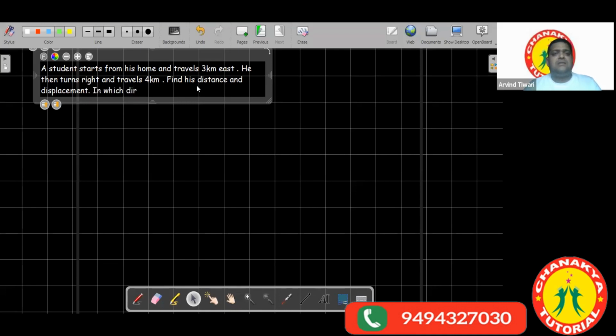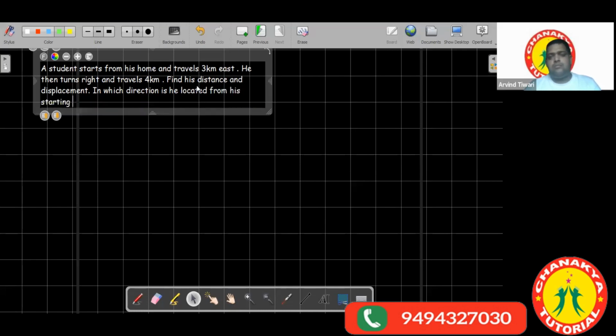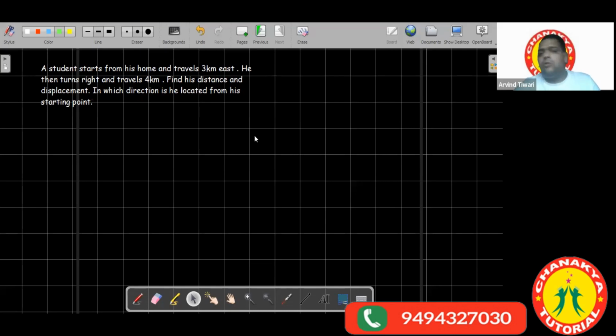In which direction is he traveling? So try solving this out. Make your own diagrams.